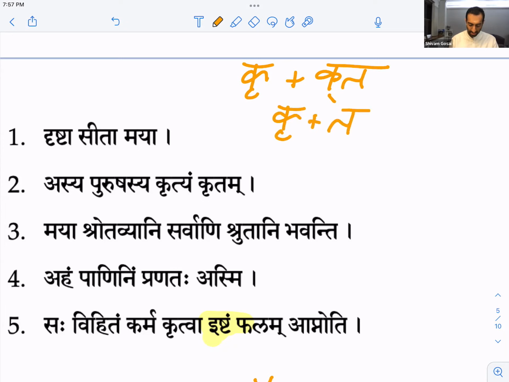Kr plus ta. So it becomes krita. So what is my kta ending word? Not krityam, it's kritam. Kritam is my kta ending word. Kr plus ta. Okay. Now I also have this other word, krityam.